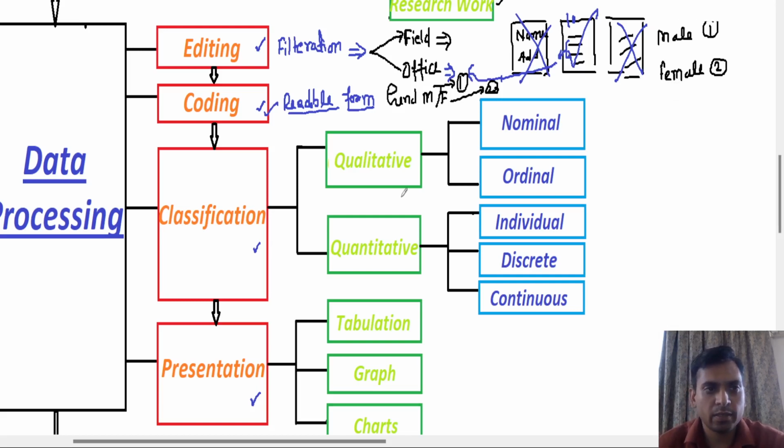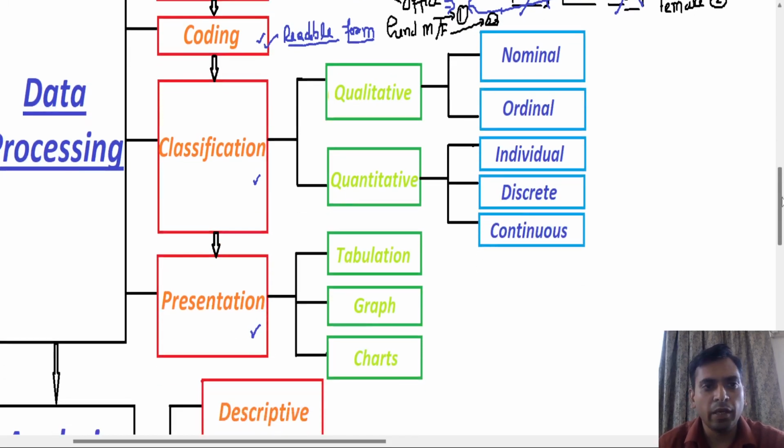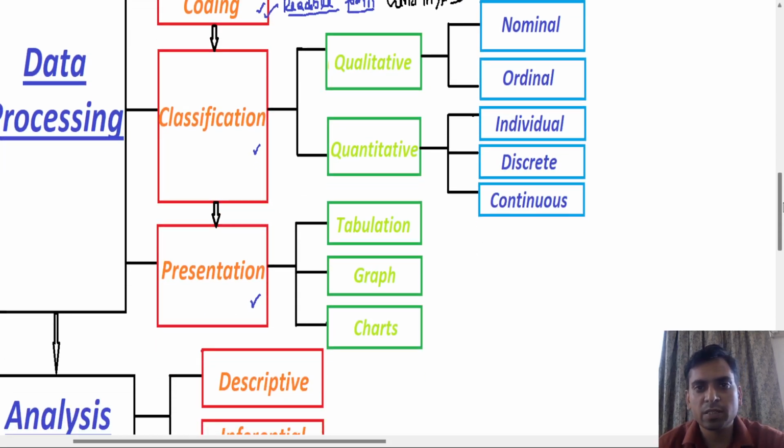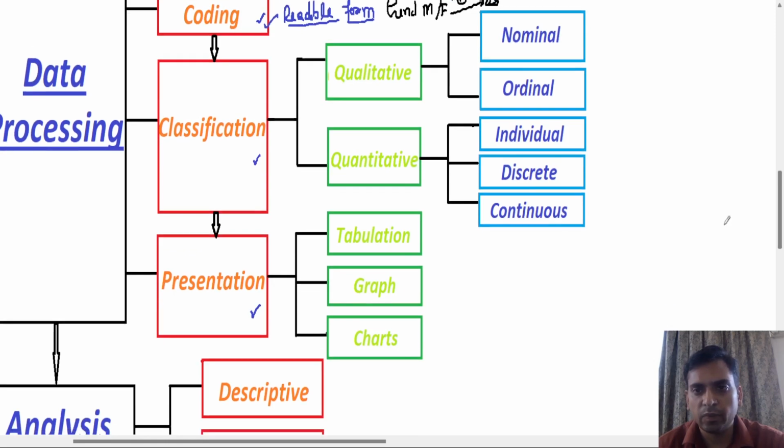Next, we have classification of data. In data classification, we have two forms.